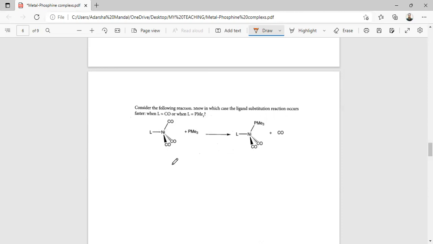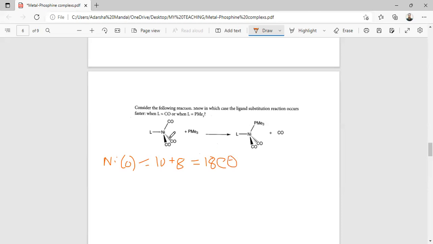Here the oxidation state of nickel is 0, and the total electron count of nickel is 10 plus 8, 18 electrons.